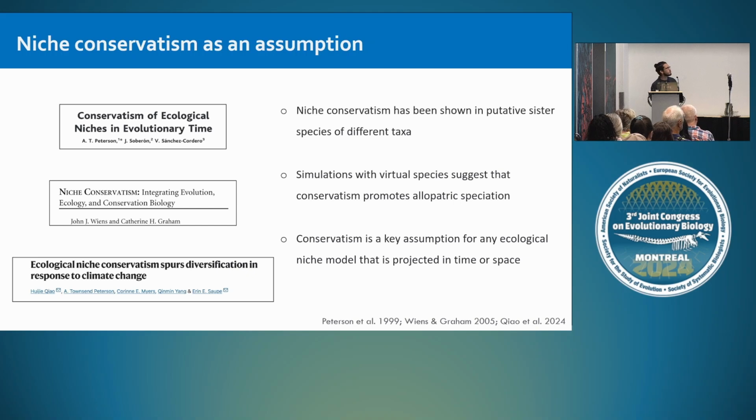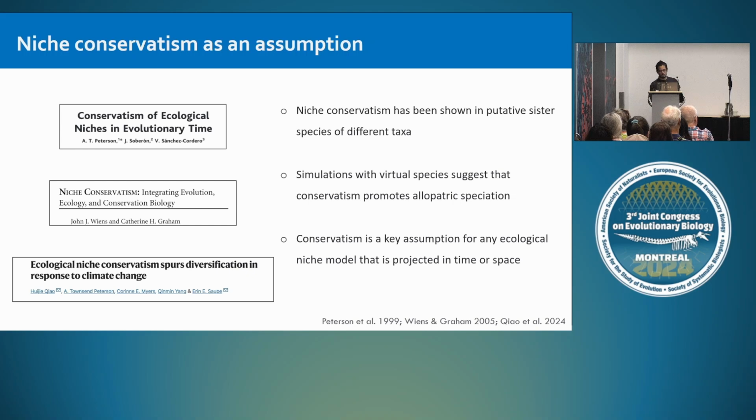I just wanted to point out here that in general we take it as an assumption or as a null hypothesis. It has been shown that at least climatic niche or broad scale conditions are conserved between putative sister taxa.